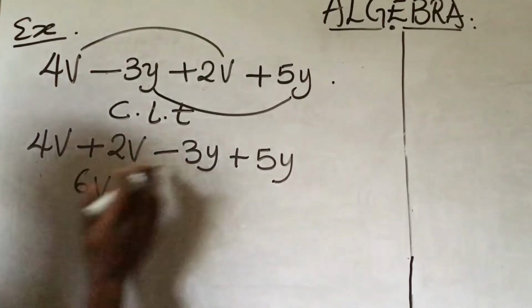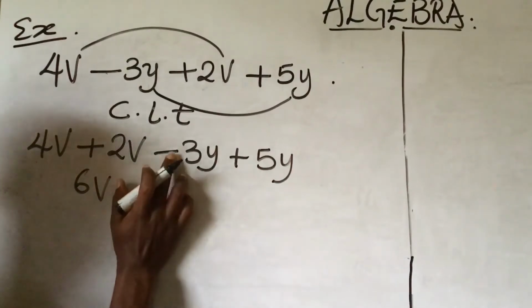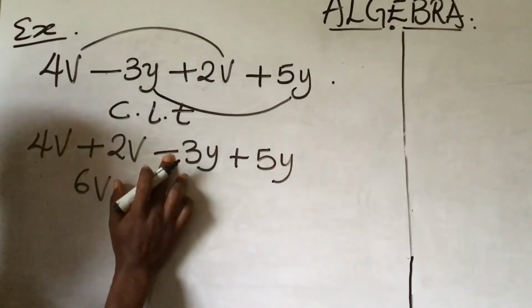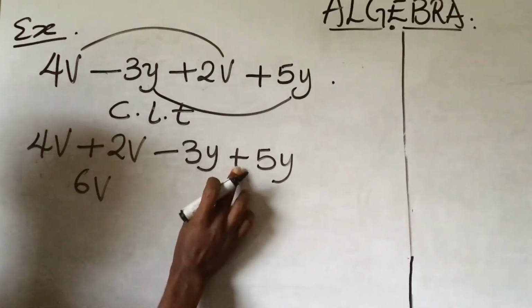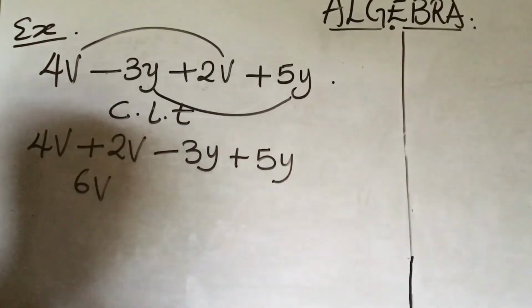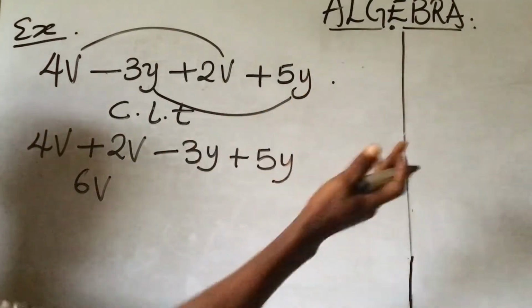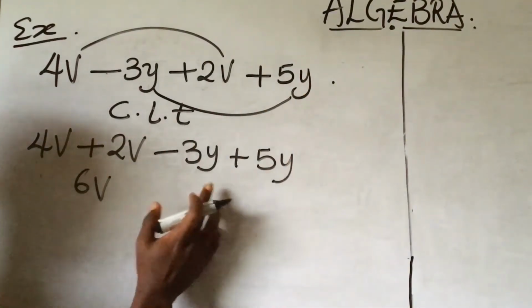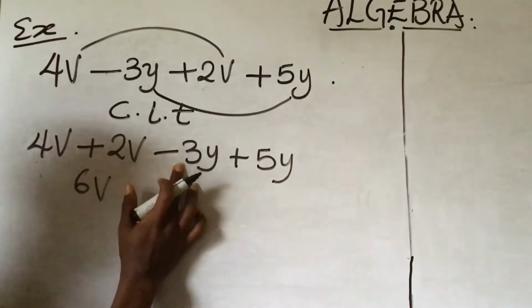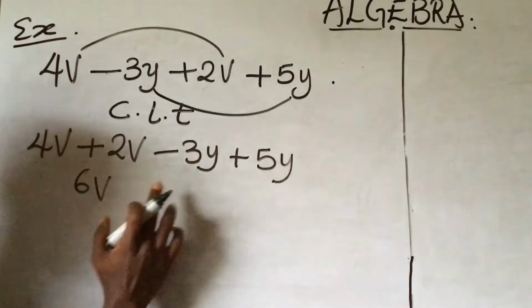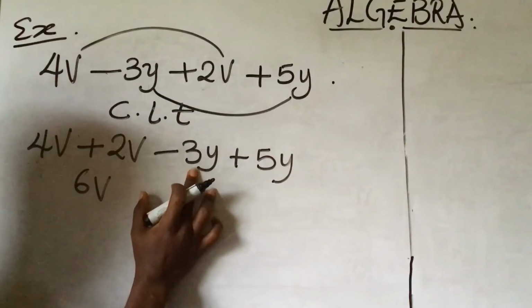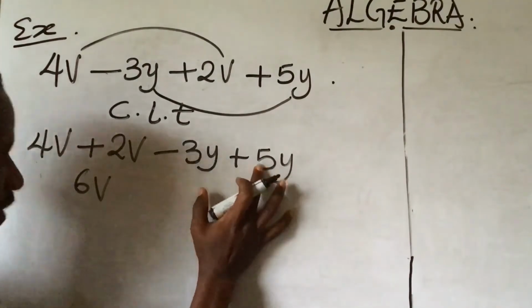Then I want you to note that whenever you see a negative sign, it simply means that you are owing. Why? Positive sign means you have. So now, let me assume that I'm owing somebody 3 pencils. So, don't forget, negative is what? Owing. So, I'm owing somebody 3 pencils. And now, I have 5 pencils.